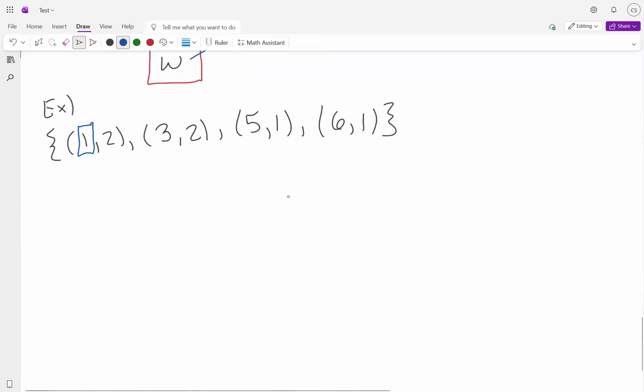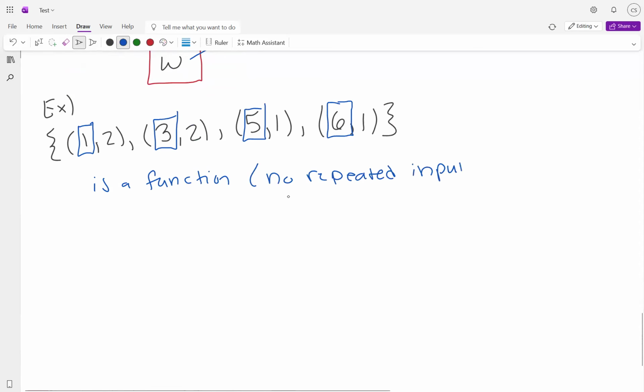So my inputs for this one are a 1, a 3, a 5, and a 6. So since none of my inputs repeat, everything will have a unique output. So this one is a function. And this is because we have no repeated inputs. All right.